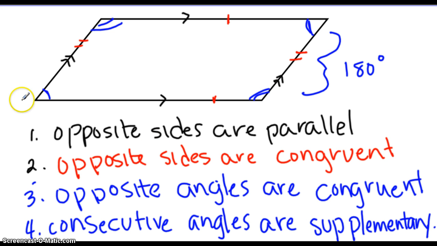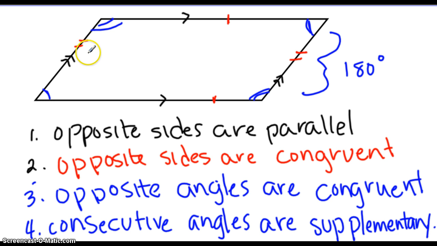And there's one more property, but before we do that, please go to your flow chart, and I want you to fill in under parallelogram number 1, which says both pairs of opposite sides are parallel. Number 2, both pairs of opposite sides are congruent.